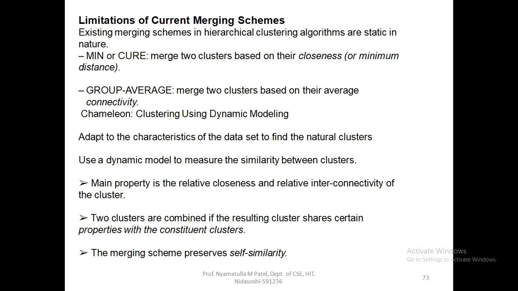For example, Chameleon: clustering using dynamic modeling. It adapts to the characteristics of the data set to find the natural clusters. So I need to adapt myself to the characteristics of the data set to find the natural clusters, and use a dynamic model to measure the similarity between the clusters.